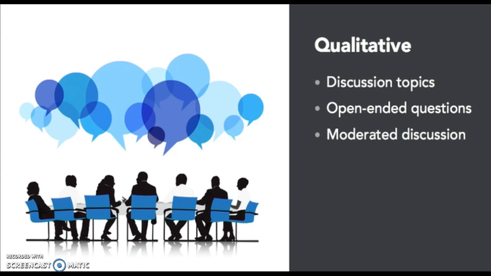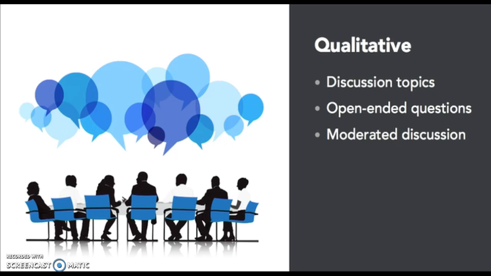In qualitative, a good way to do it, for example, is a focus group. And usually you can bring them into discussion topics. They are able to speak their minds. They are able to probably go farther than a survey.